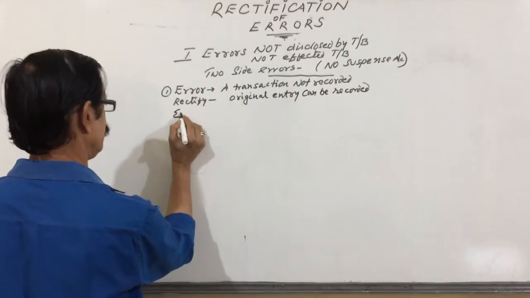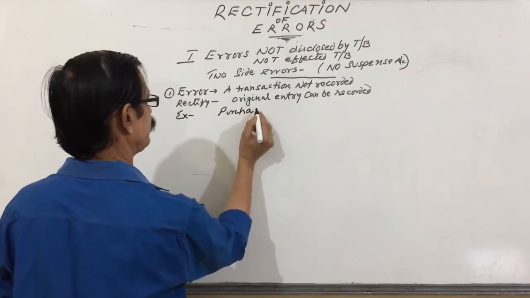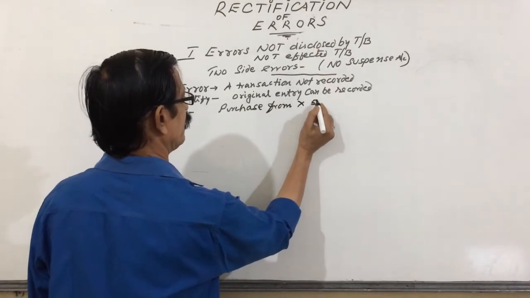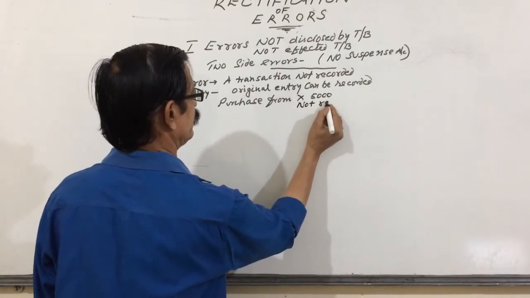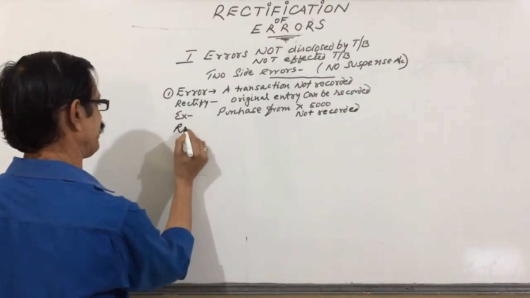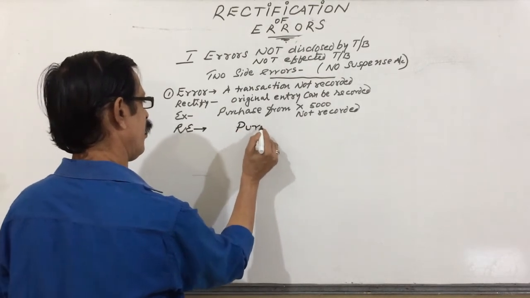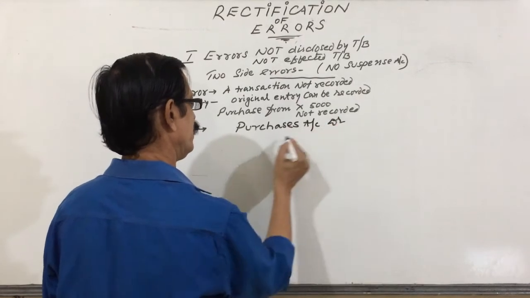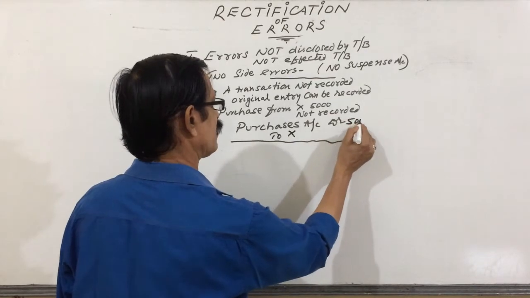Example: what I told? Purchase from X, $5,000, not recorded. Now what is the rectifying entry? Purchases are always debit. Purchases account debit to X account, 5,000.